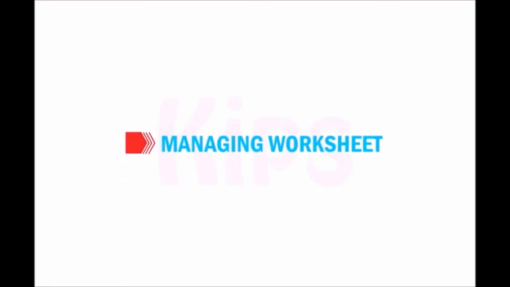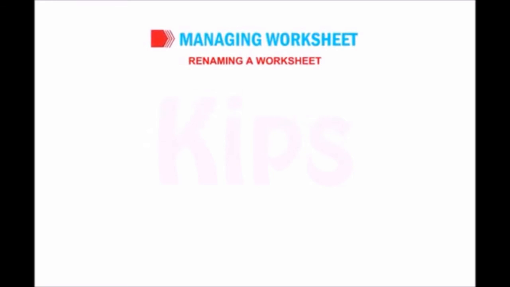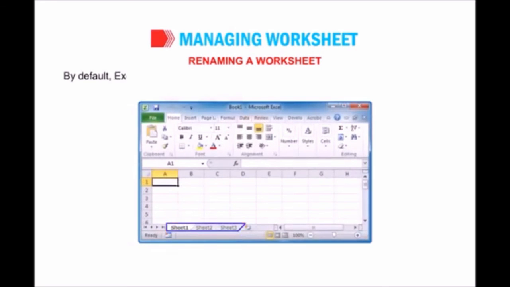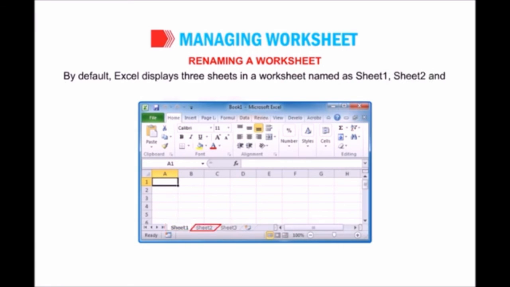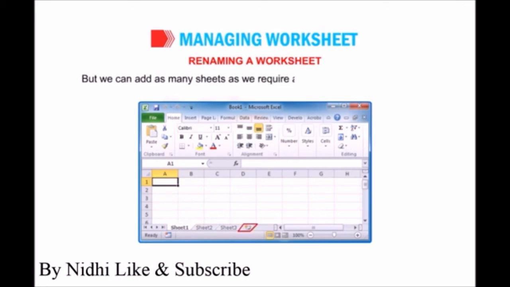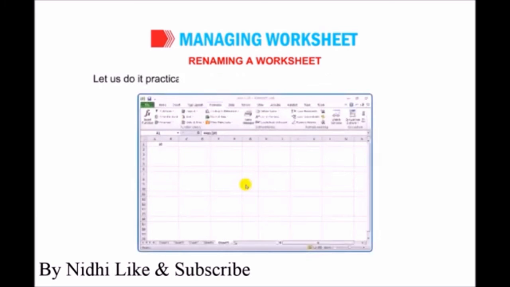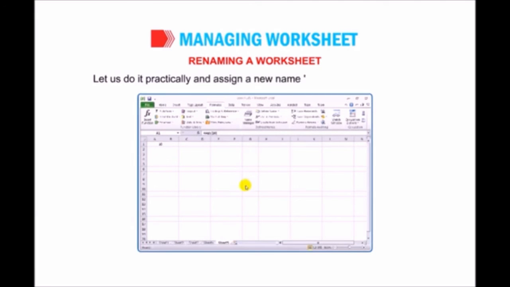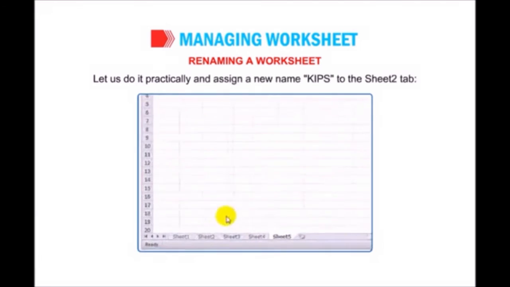Right, students, let us now understand how to manage a worksheet. Renaming a worksheet. By default, Excel displays 3 sheets in a workbook named Sheet1, Sheet2 and Sheet3. But we can add as many sheets as we require and assign any name to them. Let us do it practically and assign a new name, KIPS, to the Sheet2 tab.